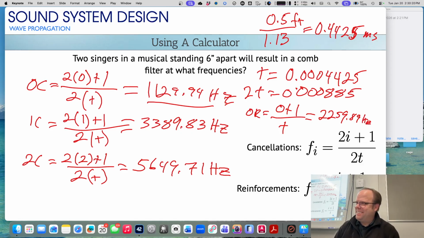It's not the same thing. It's a new thing. I'm sorry, guys. Okay, the first reinforcement is going to be 1 plus 1 divided by t. So 2 divided by 0.000445.